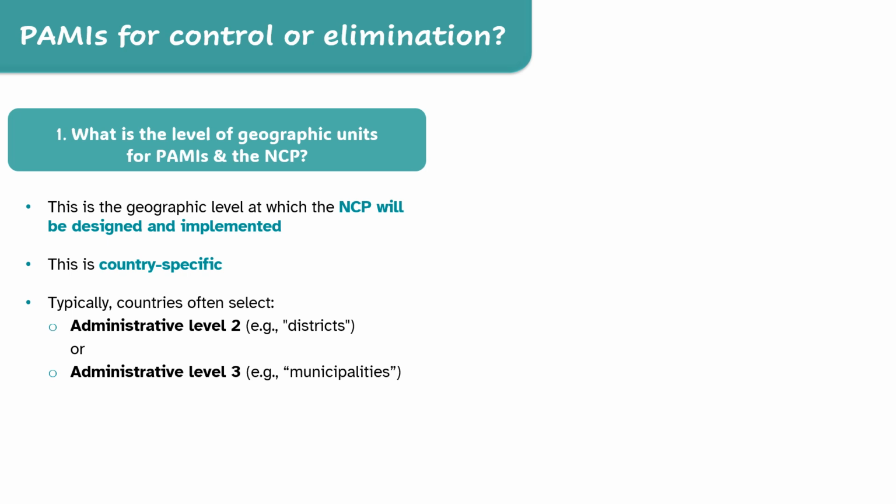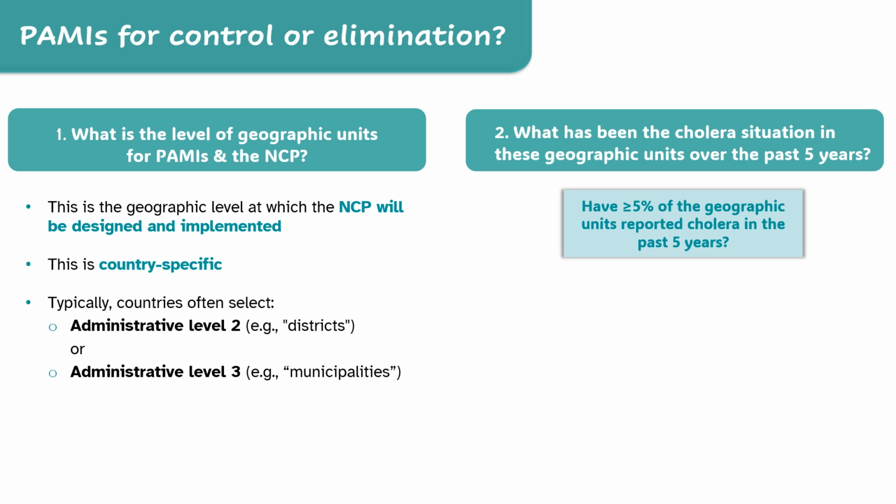The corresponding level is country-specific. Most often, countries select Administrative Level 2, which corresponds to the district level, or Administrative Level 3, which corresponds to the municipality level.